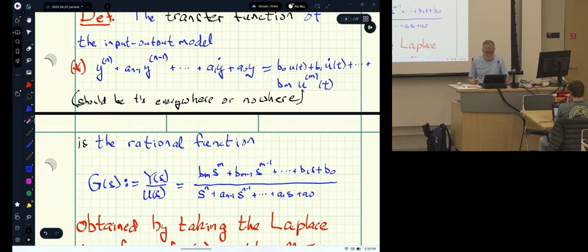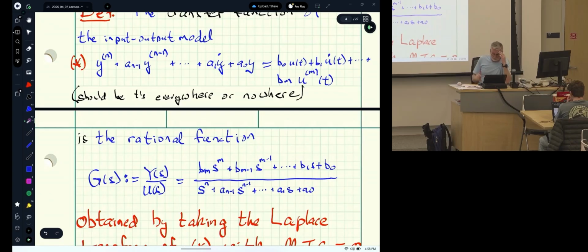Now, first thing to make a note, if somebody gives you this model, you write down the transfer function by inspection. You just copy down the coefficients here, because if you're doing the Laplace transform with initial conditions equal to 0, this becomes s to the n times capital Y of s, and this is s to the n minus 1 times capital Y of s.